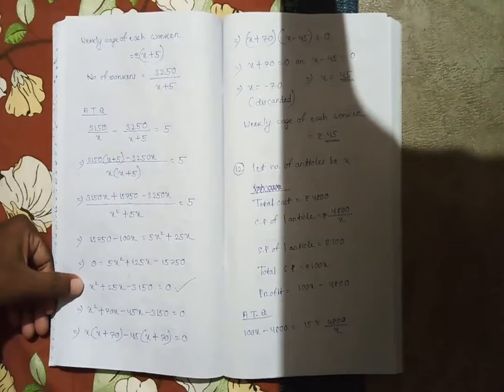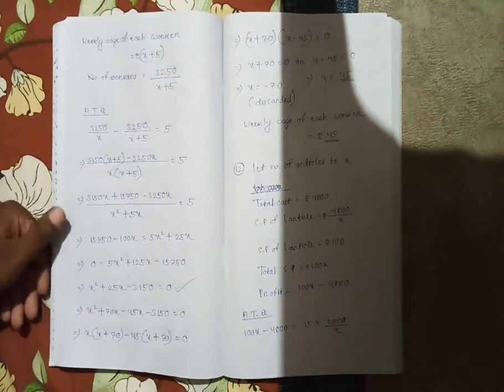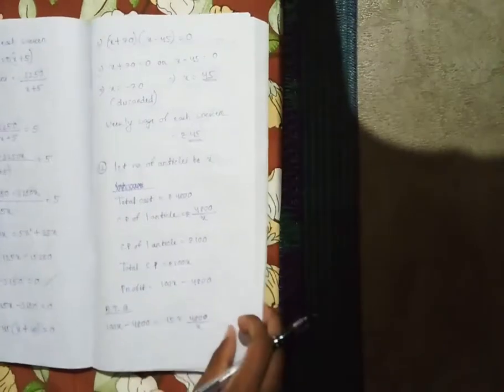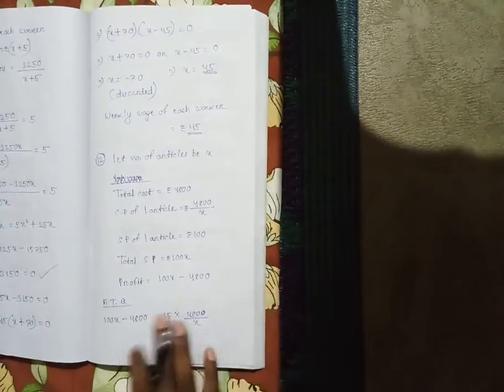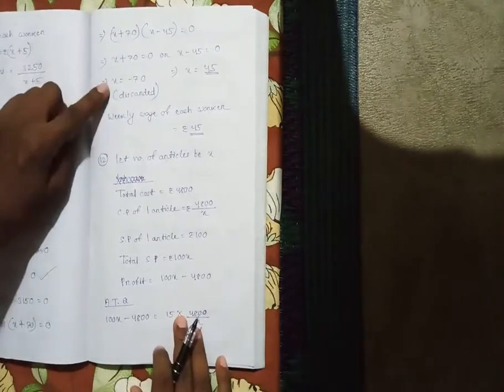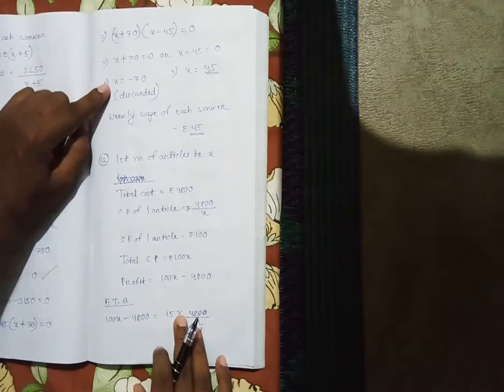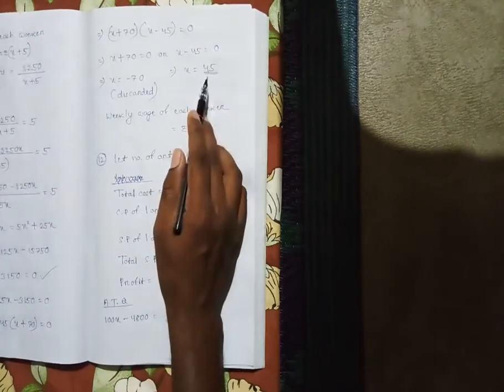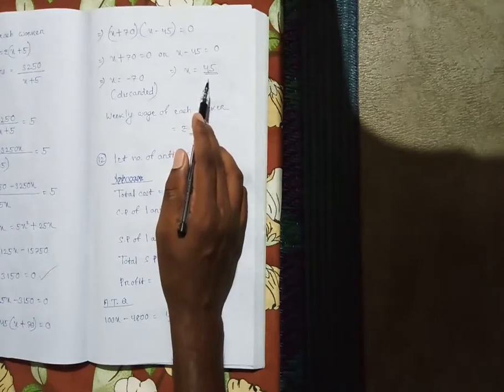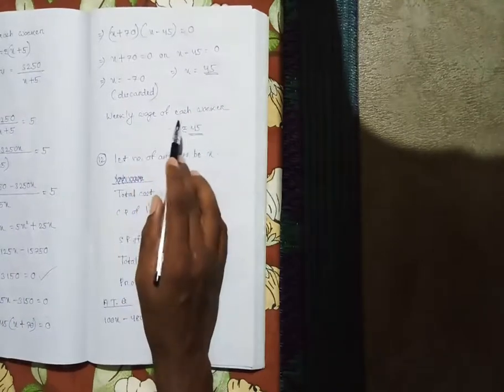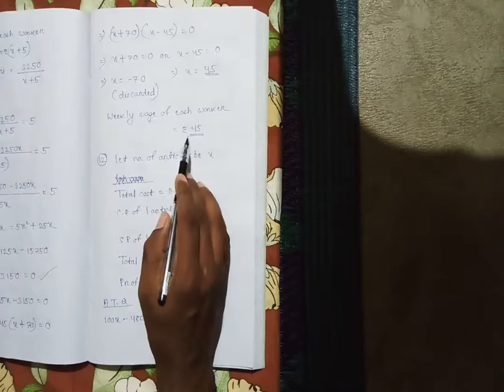This is the quadratic equation to be solved. You know how to solve it. Now on solving, you will get x is equal to minus 70, which is not possible, so discarded. Then x is equal to plus 45, which is acceptable. So weekly wage of each worker was rupees 45.